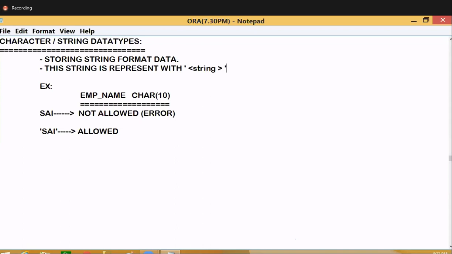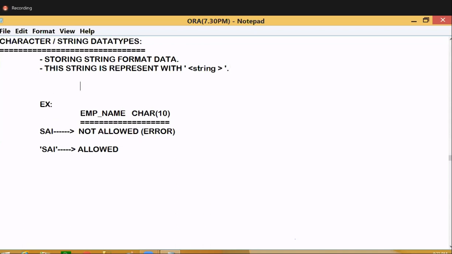Generally, on your front end side, like Java or .NET, a string is represented with double quotes. But carefully observe, in a database double quotes are not allowed, and you can't give a string that way. In a database, a string must use single quotes only.